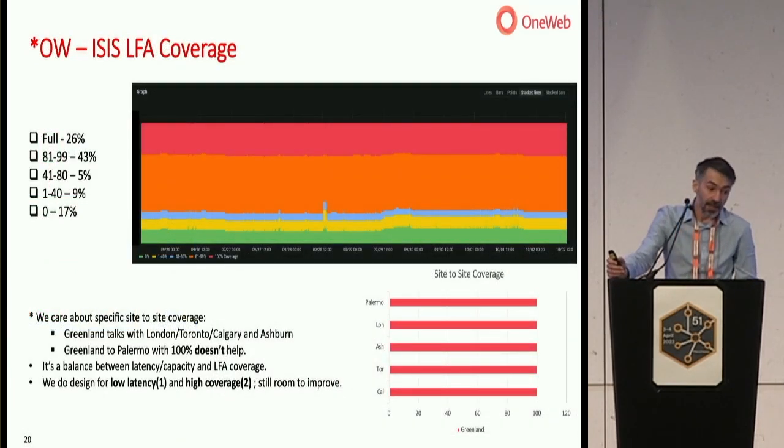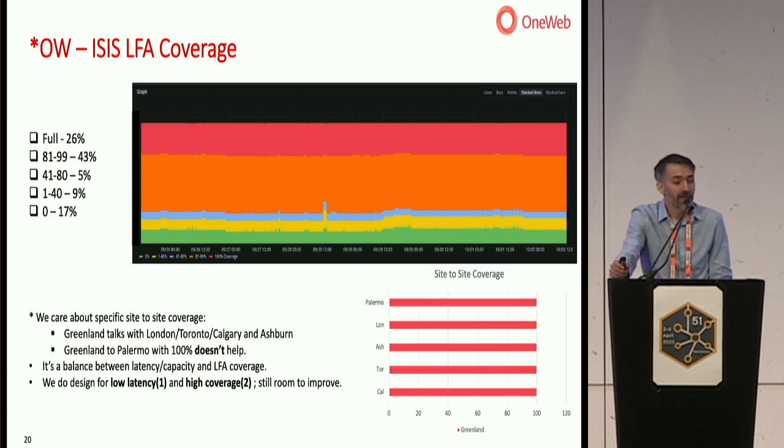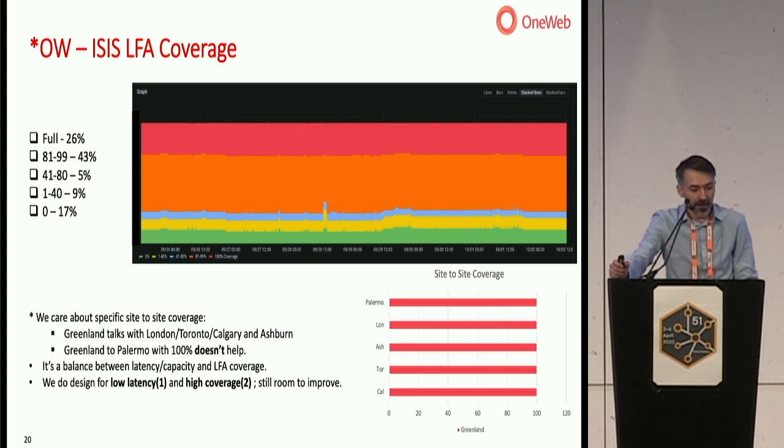LFA convergence is important for MLDP to make sure there is a backup path in the network already programmed. MLDP requires LFA or ECMP. So in terms of our network, we have full coverage for about 26%, and then you see the numbers there. But what's not shown, and this graph is misleading a bit, is that not all sites talk to all sites.